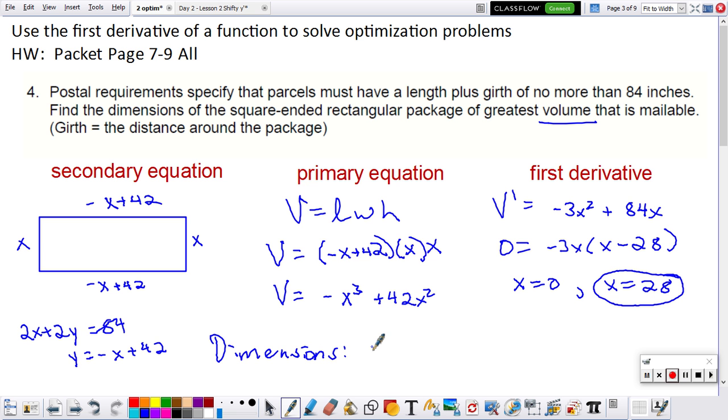are 28 by 14. Now we have to think for a second. Either I have a square of sides 28 or I have a square of sides 14. If my girth is no more than 84, I can't do a square of size 28 because it's going to be too big.